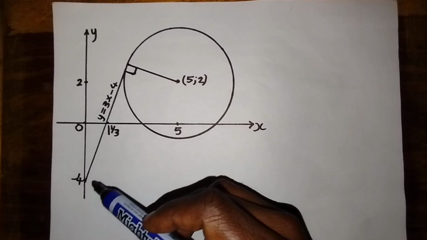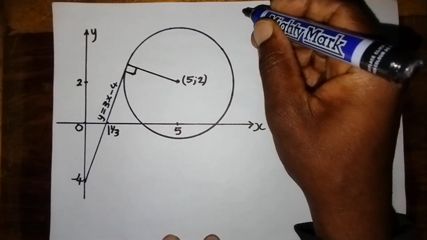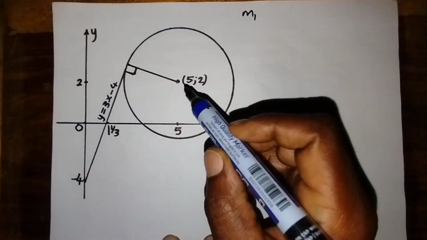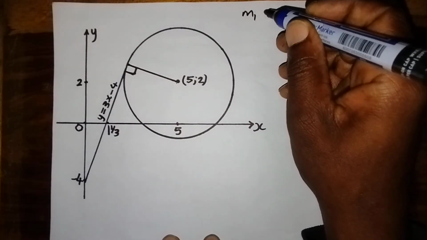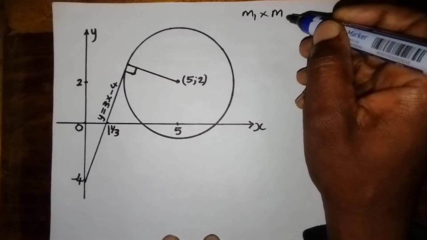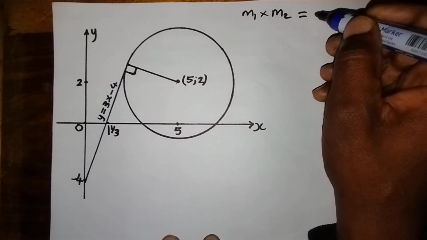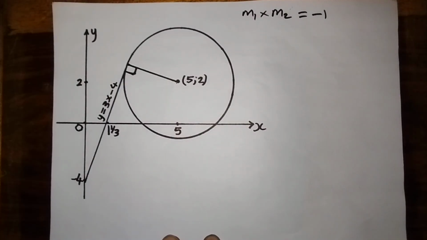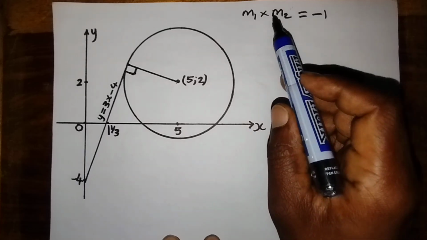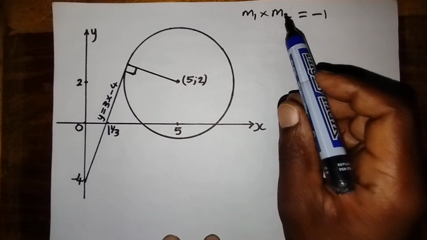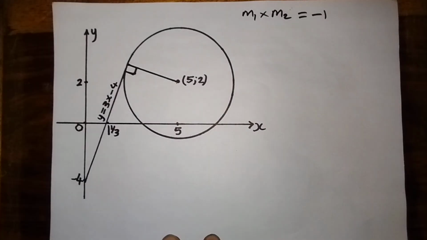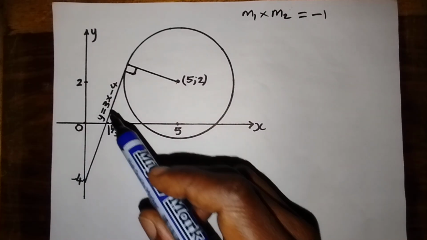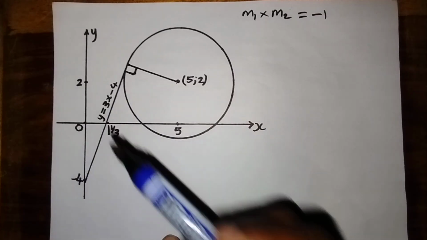So if we call the gradient of the tangent m1 and the gradient of the perpendicular radius m2, their product, m1 multiplied by m2, equals -1. So we are going to use this property to find the gradient of the radius after finding the gradient of the tangent. So I will show you how to find the gradient of the tangent using the equation of the tangent.